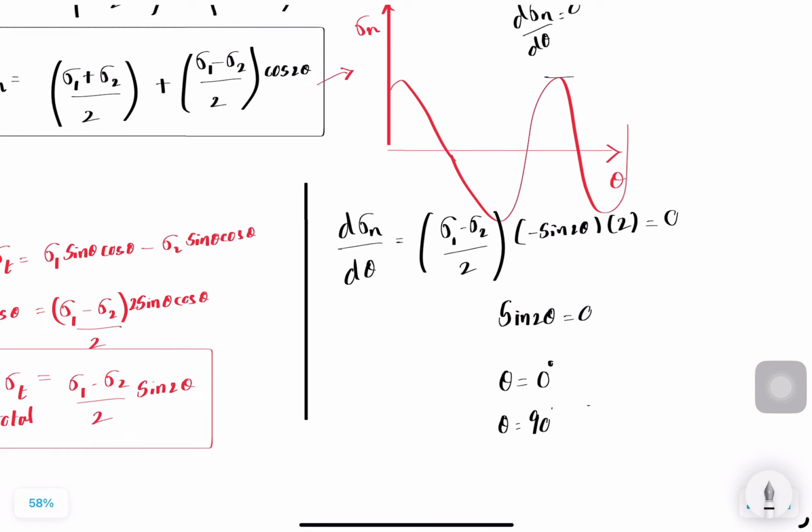When theta is equal to 90 degrees, this becomes sine 180, and that becomes 0. So at two angles, the value of the normal stress is going to become maximum.